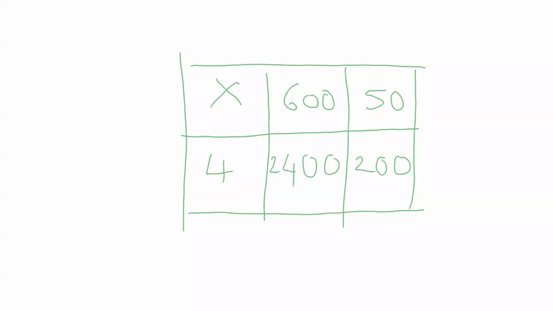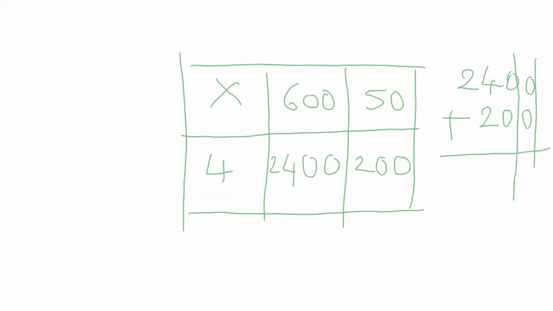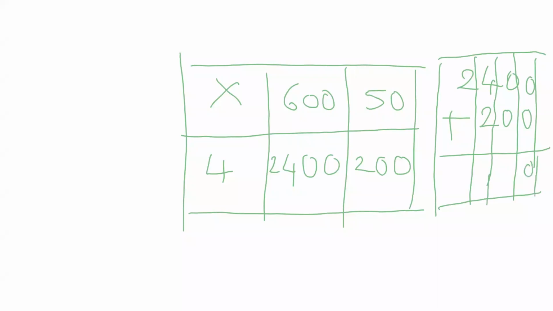Now we are going to do the addition. 2400 plus 200. Zero plus 0 is 0, 0 plus 0 is 0, 4 plus 2 is 6, and 2 nothing is 2.